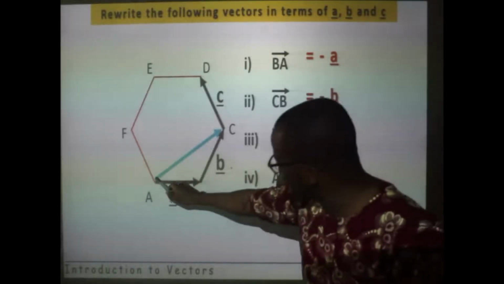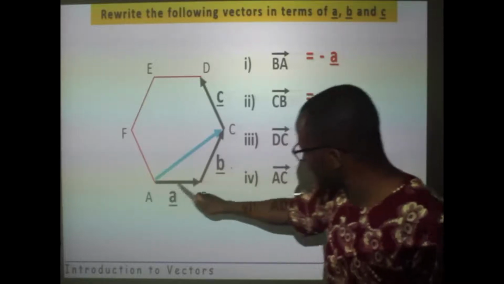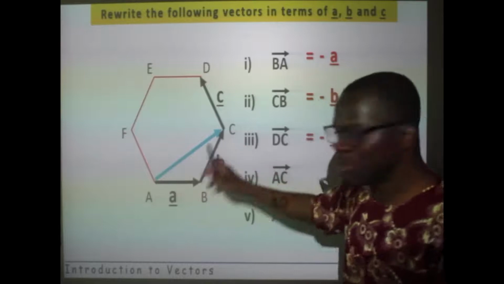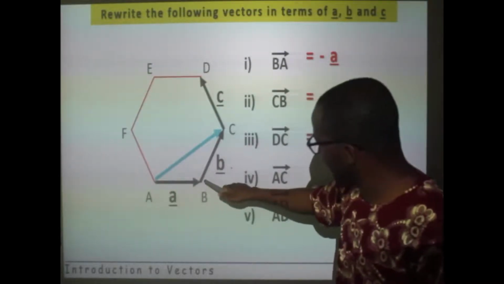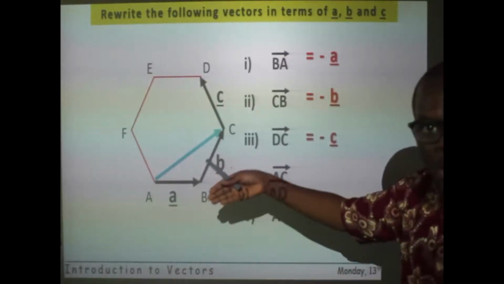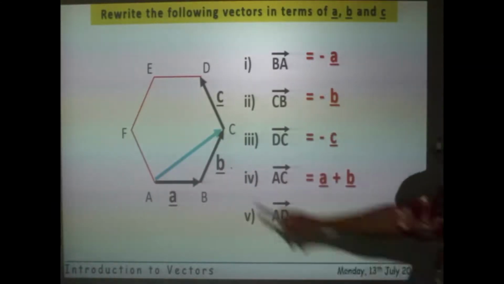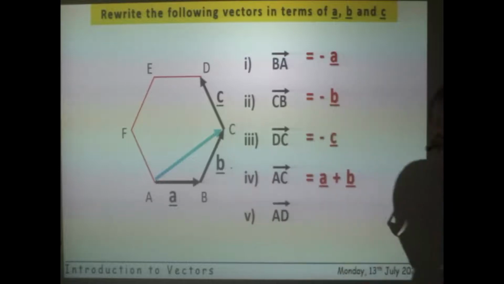Now, look at the vector AC. To go from A to C, you have to go from A to B, B to C. So the vector AC will be the resultant of AB and BC. So the vector AC will be A plus B. That's right. So the vector AC will be A plus B.